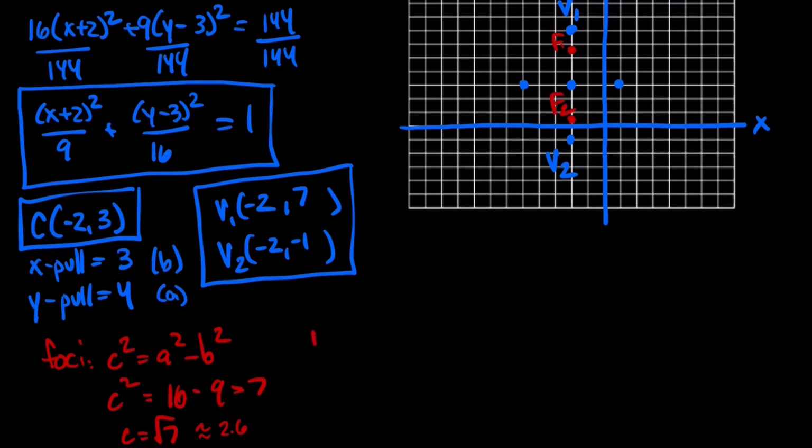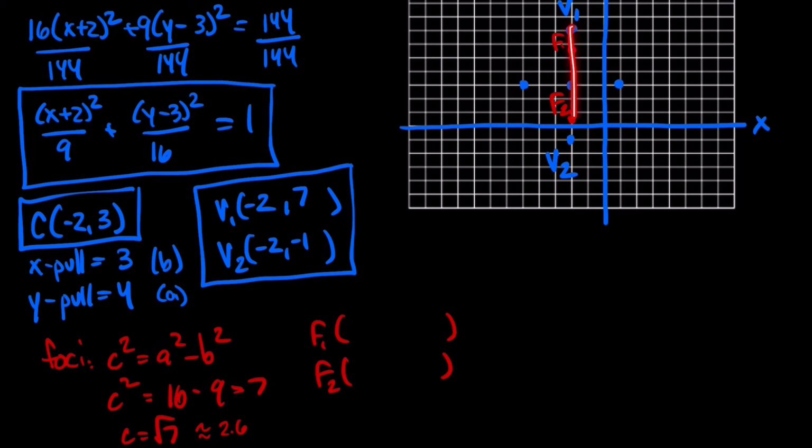What are those coordinates? Well, F1 and F2. Now there's going to be a radical involved. Simplest radical form, that's square root 7. This distance here is square root 7. Notice the nice thing, once you've established the vertices, is that the foci and the vertices are all on the same line.